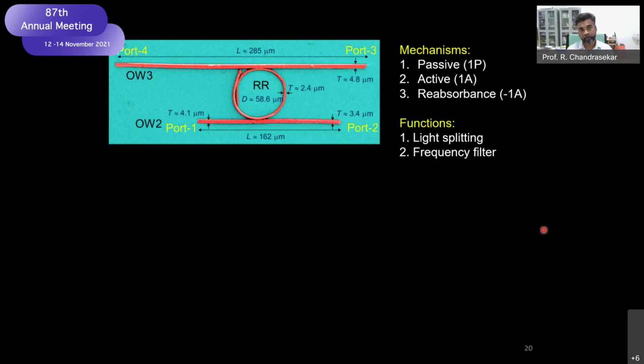You have 4 ports, 1, 2, 3, and 4, and 2 waveguides. The first waveguide is made into a ring resonator, and then you have optical waveguide 2, and then optical waveguide 3. And the functions are here: passive, active, and reabsorption. Here we also incorporated one more function, frequency filtering.